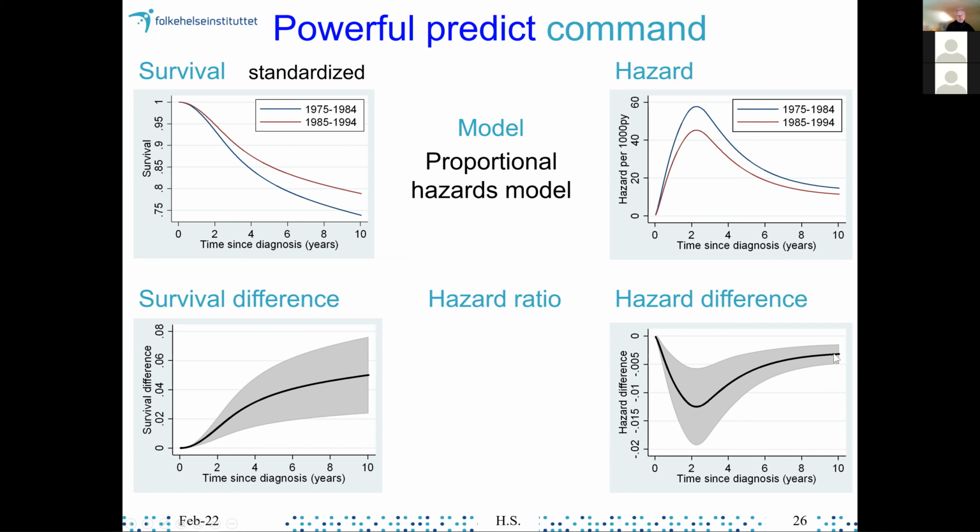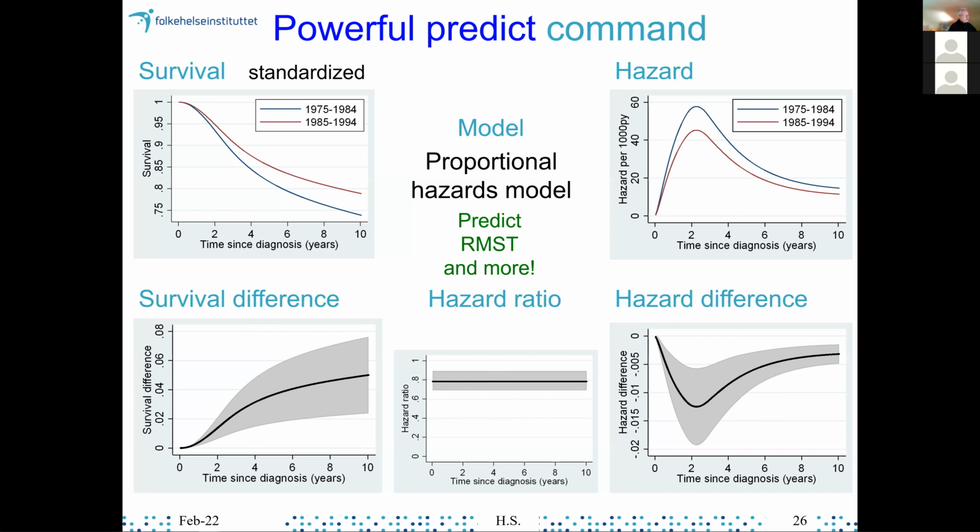And of course, you can predict the hazard ratio. Since we are in a proportional hazard model, that hazard ratio is just a straight line, not a function of time. In addition, we can predict things like the restricted mean survival time and more, and we will come back to that.